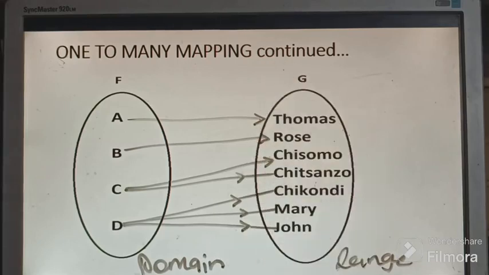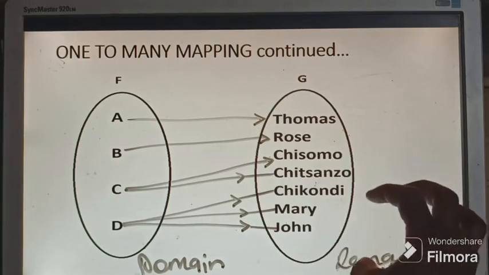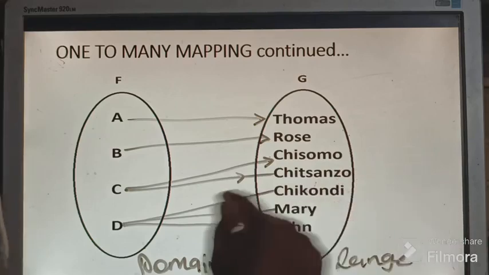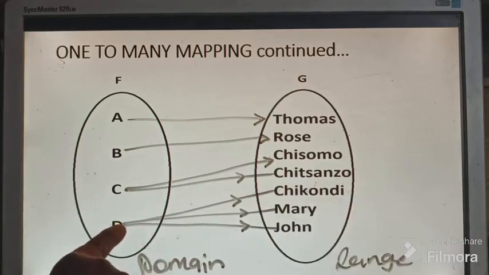All right, so let's look at how the arrows are moving. You can see many arrows from here are converging at one element.